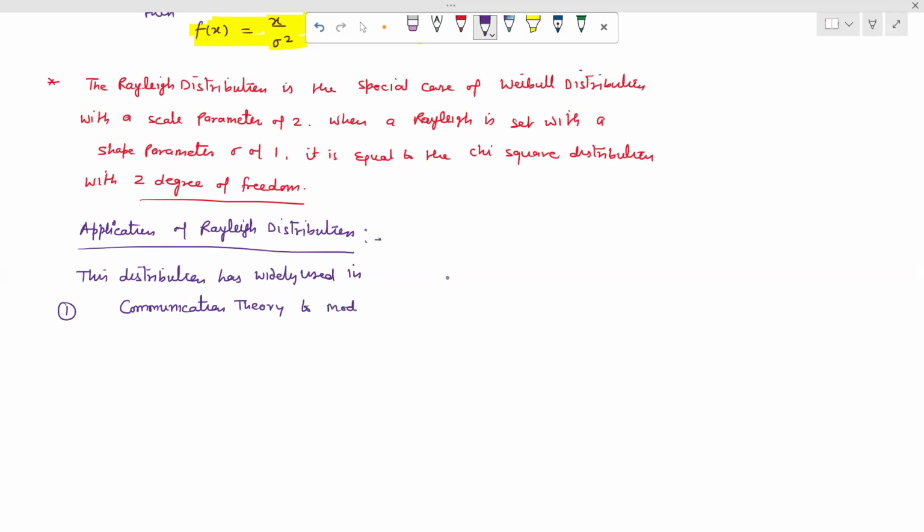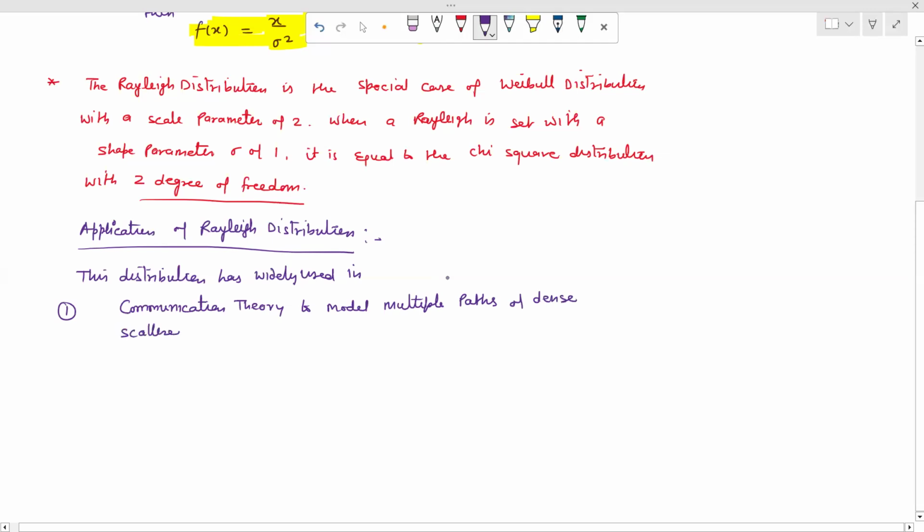We use this distribution in communication theory to model multiple paths of dense scattered signals reaching the receiver.